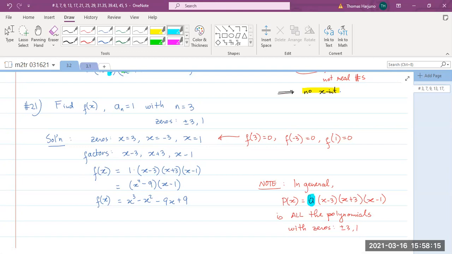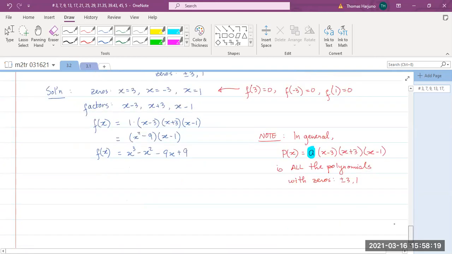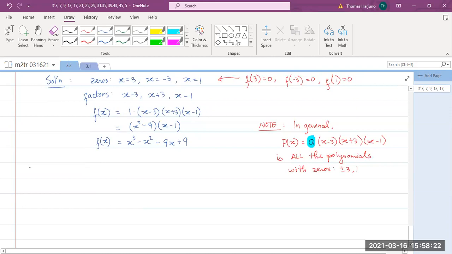Okay, so let me modify this question a little bit. Number 21, modified.